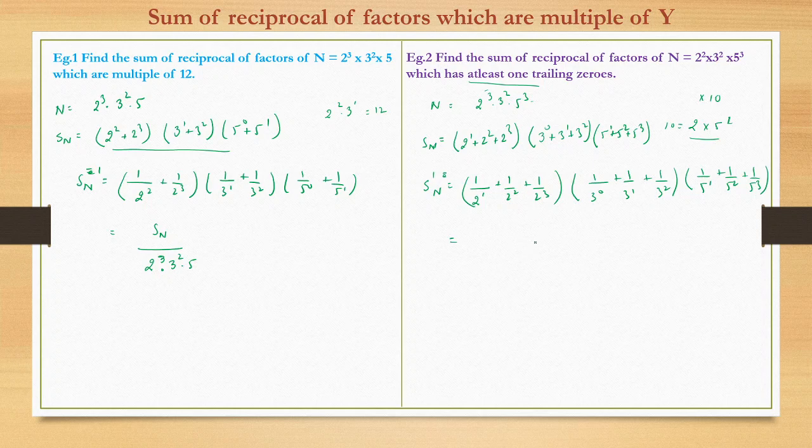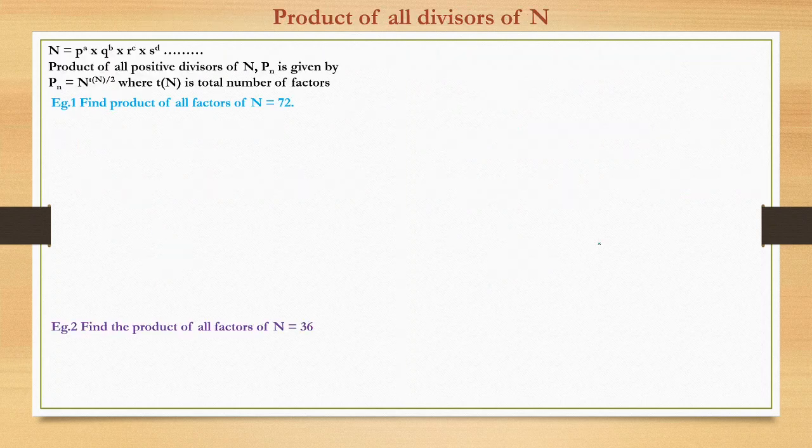If you take the LCM and convert it into a fraction, you will get Sn, where Sn is this term upon what? 2 raised to power 3 into 3 raised to power 2 into 5 raised to power 3, right? So this would have been your answer.